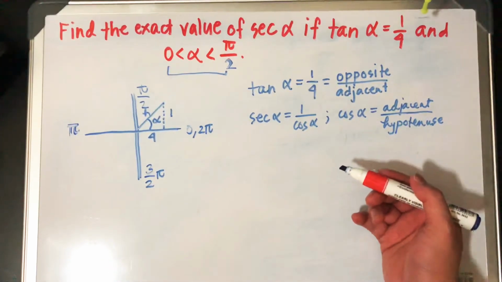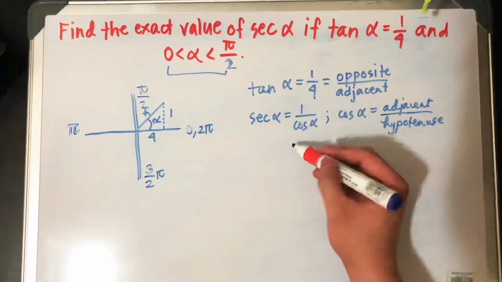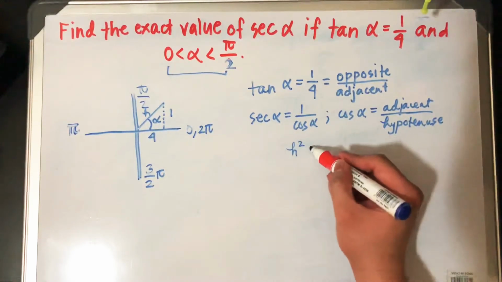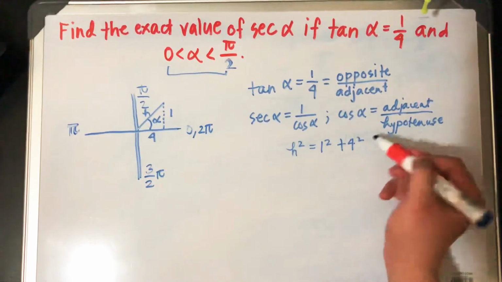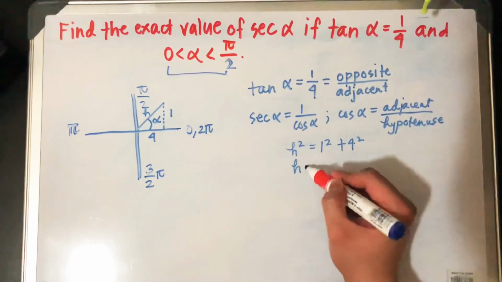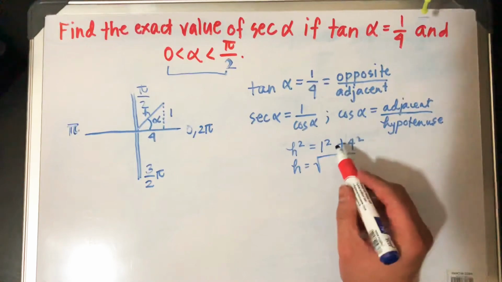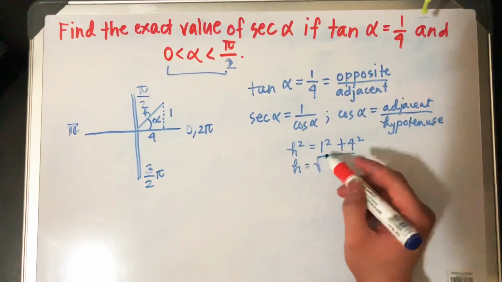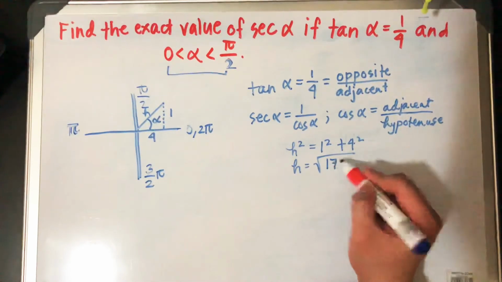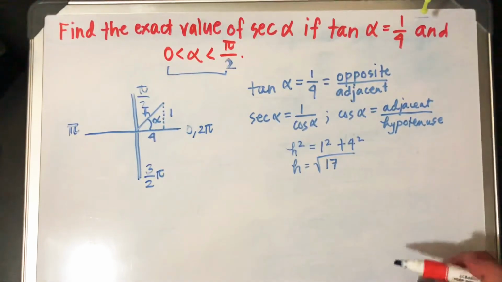Using the Pythagorean theorem. So we have h squared is equal to 1 squared plus 4 squared. So h is equal to the square root of, 4 squared is 16, then 1 squared is 1, so we have square root of 17.